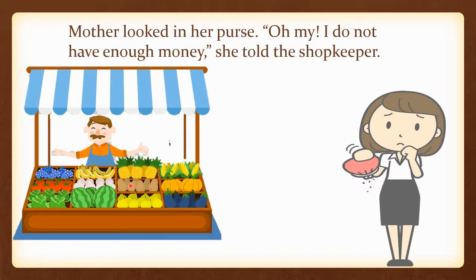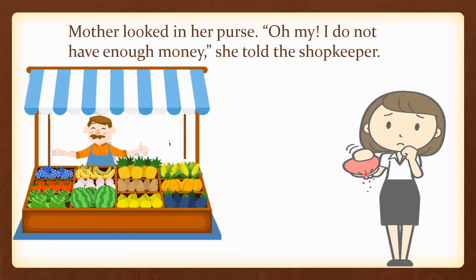Shopkeeper means the person who sells the things. So now mother looks in her purse and then she realized that she did not have enough money. She had a very small amount of money.